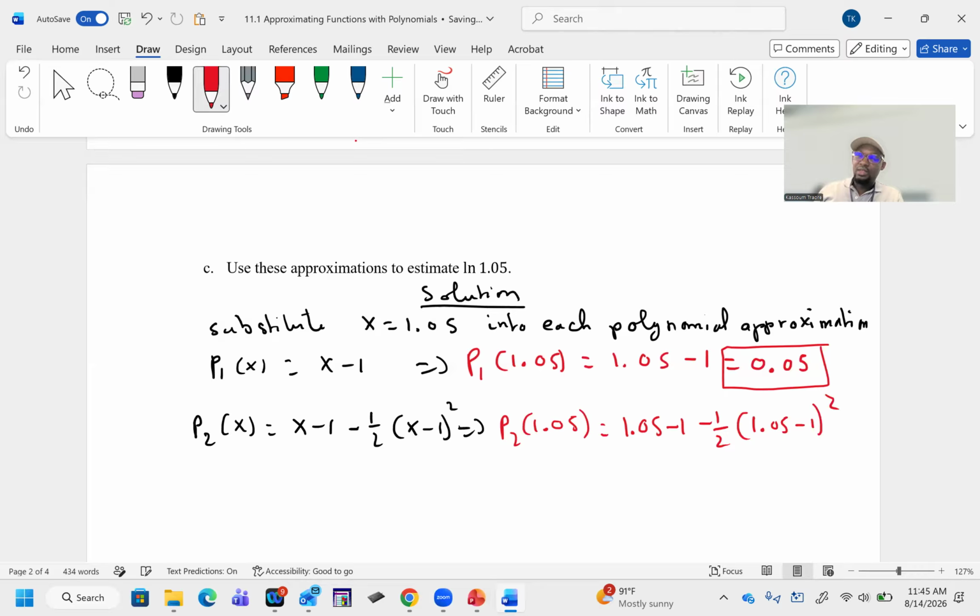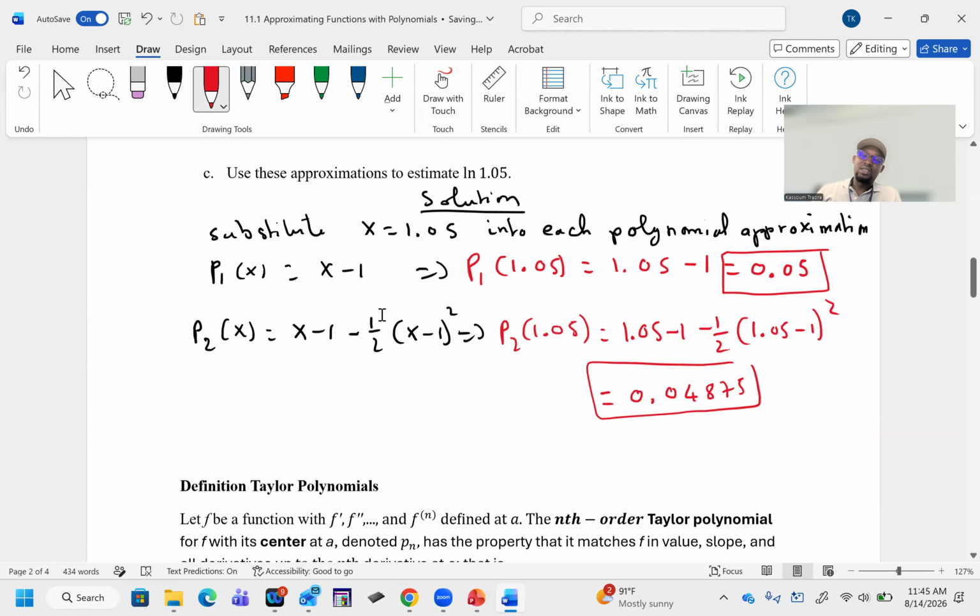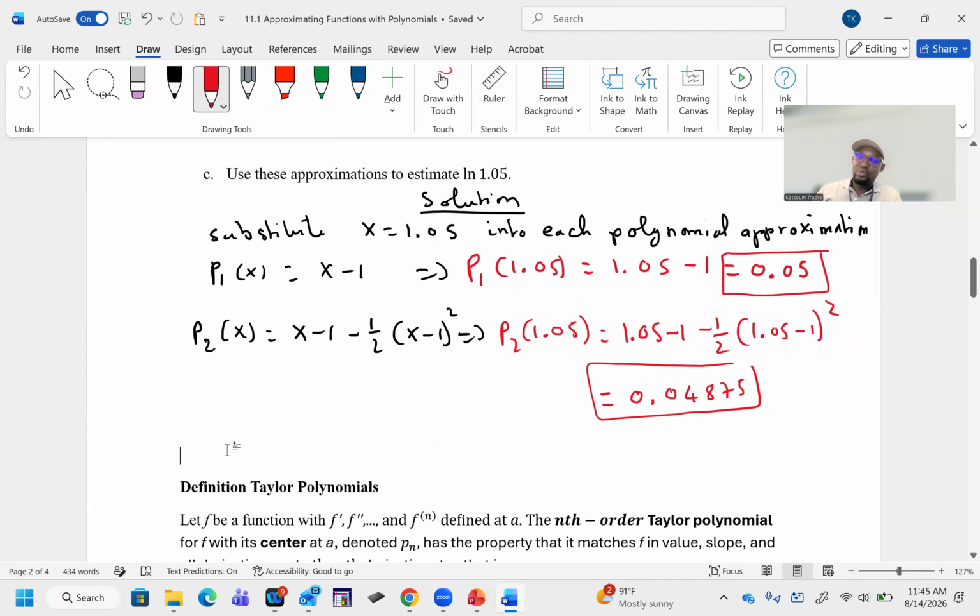You use your calculator and you will see this one will give me 0.04875. So the value of ln of 1.05, use your calculator and see which one it is close to.